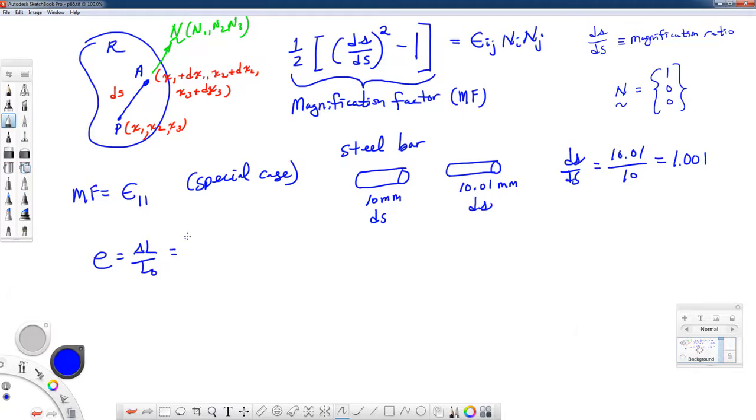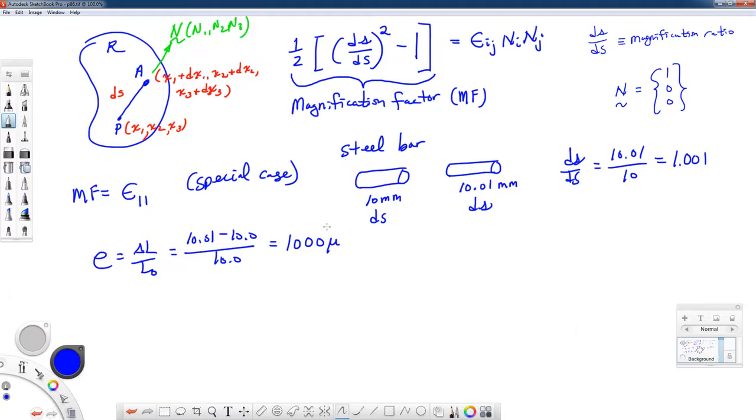In this case, it's 10.01 minus 10.0 divided by 10.0. In this case, it's 1,000 microstrain. That's a pretty good level of strain in a steel. We're probably not yielding it yet, but if we get 3 or 4 times that amount, we very well could be yielding that metal, depending on what its yield strength is.